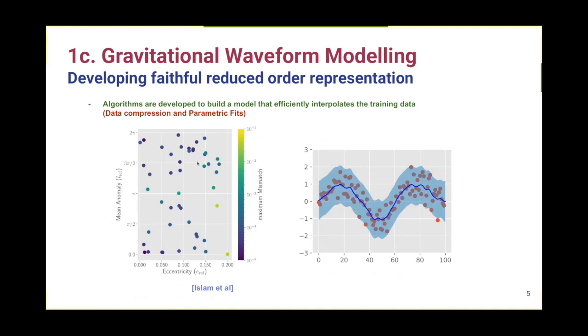And once we have many such simulations, we use sophisticated interpolation techniques such as Gaussian process regression or splines, along with singular value decomposition and so on, to have a model that can give a waveform at any point in the parameter space. And we do that using reduced order representation, and we call these models the surrogate models.